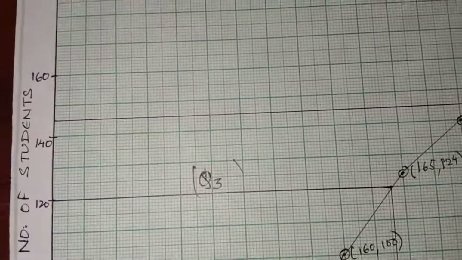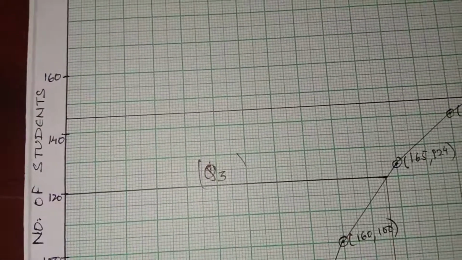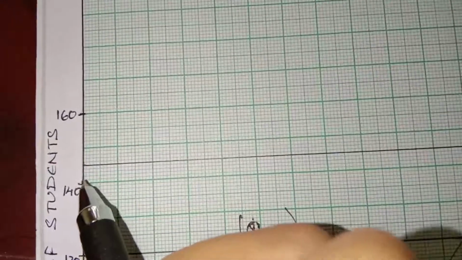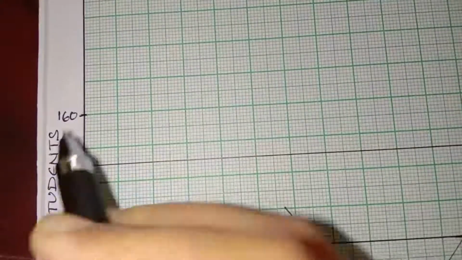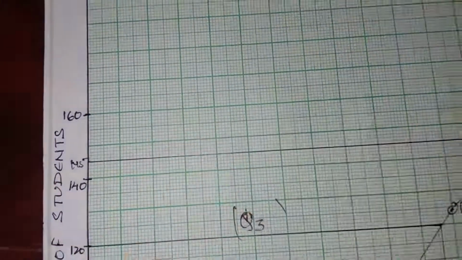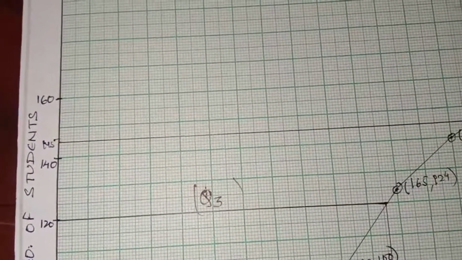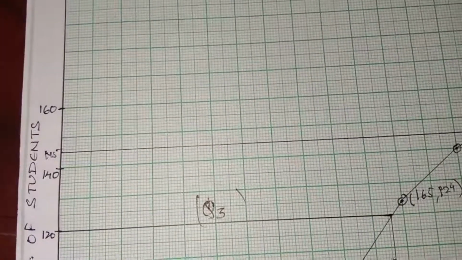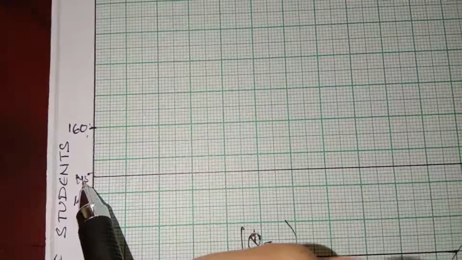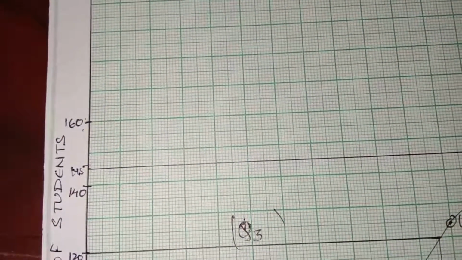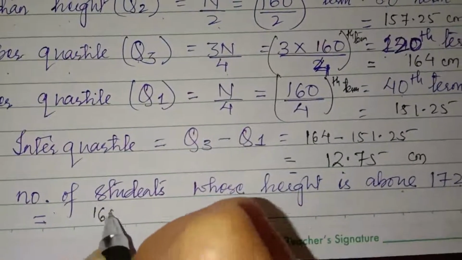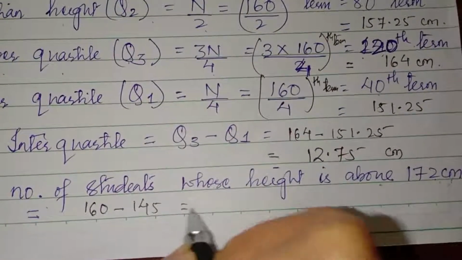So you have to find the number of students whose height is more than 172. So this one is 140, 41, 42, 43, 44, 45. So this is 145. So 145 students have height less than 172 centimeter, but we have to find more. So more will be 160 minus 145, that is 15 students.